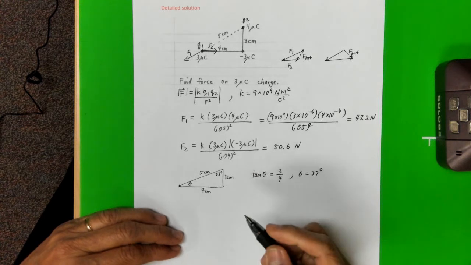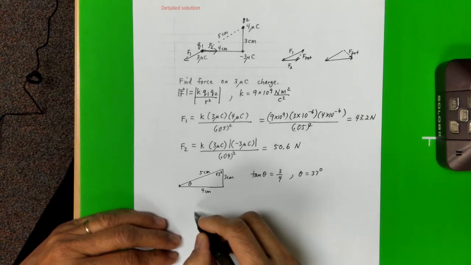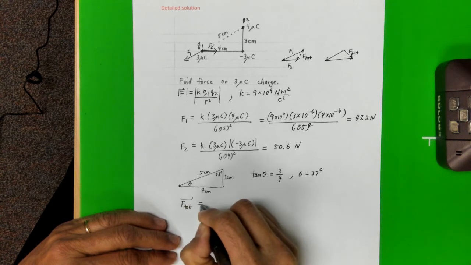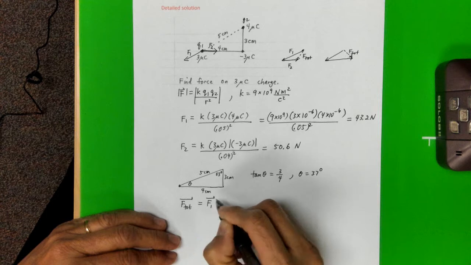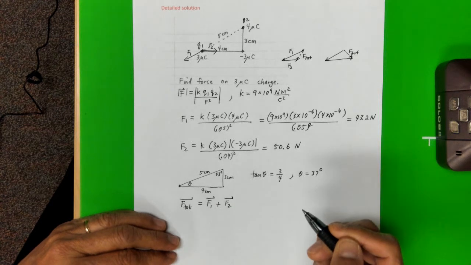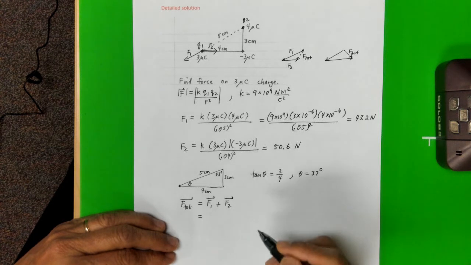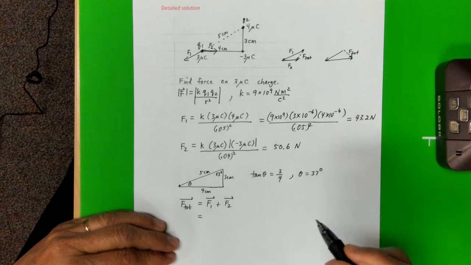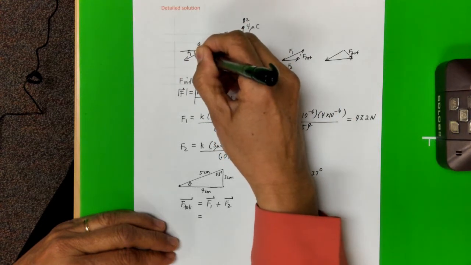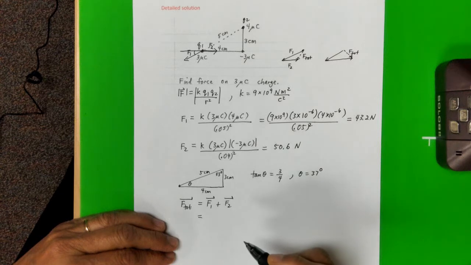Okay, so knowing that, you're now going to find F total. So F total is a vector, so it's equal to F1 vector plus F2 vector. So let's first write F1 vector. So you have to look at your picture, and over here, that angle that I just drew is theta.